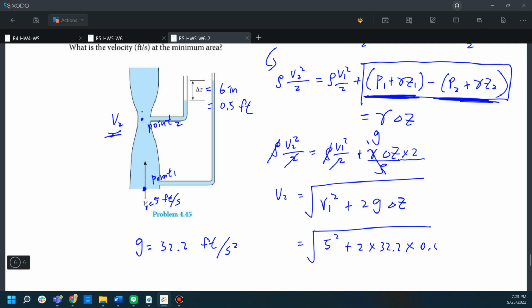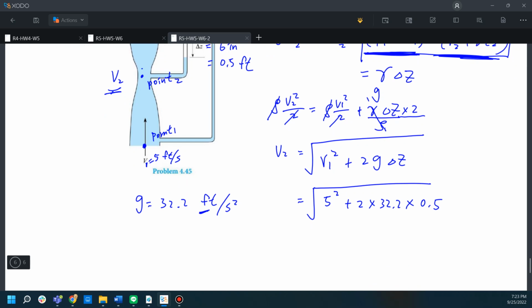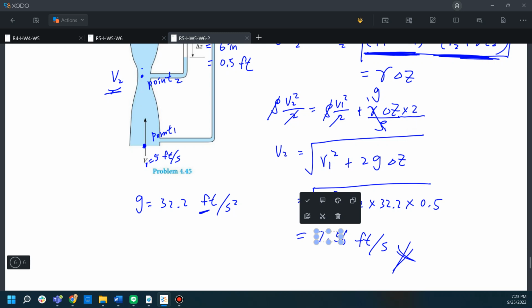So this is 0.5 because we use the unit in feet. That's why we need to convert the inches into feet. And then after you use your calculator to type all those numbers out, you will get that V2 is equal to 7.56 feet per second. And then we solve this problem.